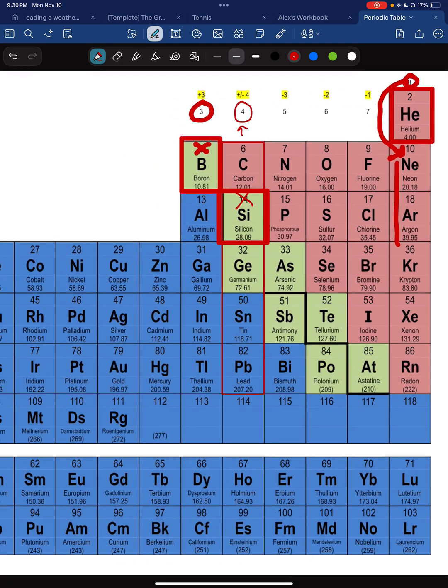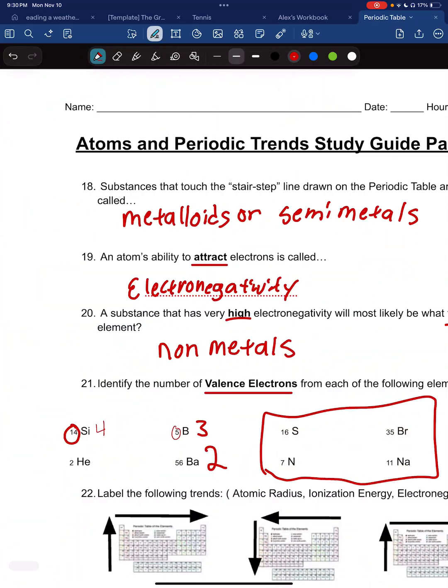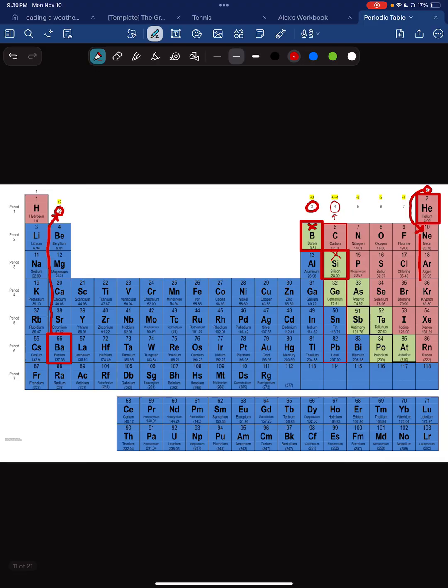So if it doesn't have 8, how many does it really have? It can only have 2. Now, the reasoning why it only has 2: if we look here at our periodic table, in our first period we only have 2 boxes, and we only have 2 electrons that we can fit into it. It's not about how many electrons are there, it's about stability and how full it is.